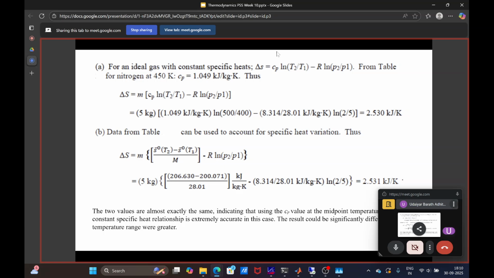So what this says is that assuming it to be an ideal gas holds pretty good because the states are not far apart or very different. The pressures are low and you have high temperatures. These are the cases where the gas behaves as an ideal gas.